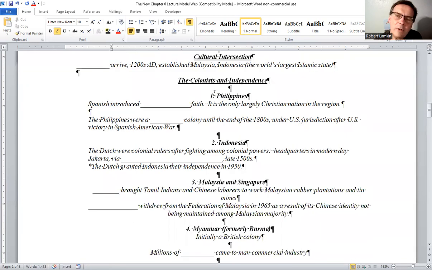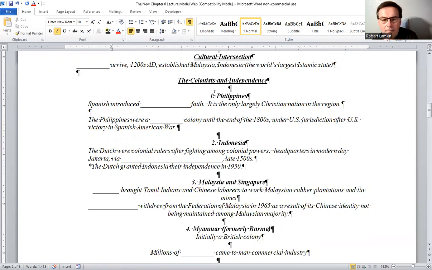Looks like a good true false question, if I don't say so myself. The Philippines, Spanish. The Spanish introduced the Roman Catholic faith here, and it's the only Christian nation in the region. Page 292 in your textbooks for a visual. You have a graphic organizer, I suppose, on the religious breakdown of the region that you visual types will certainly want to look at.